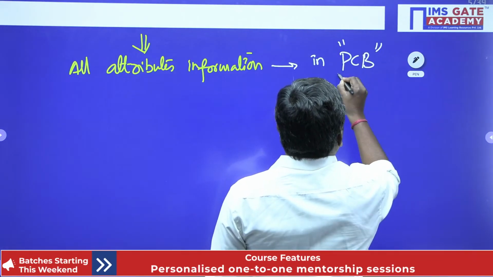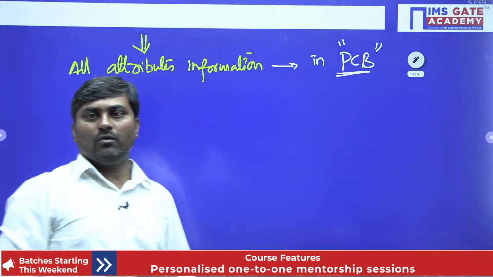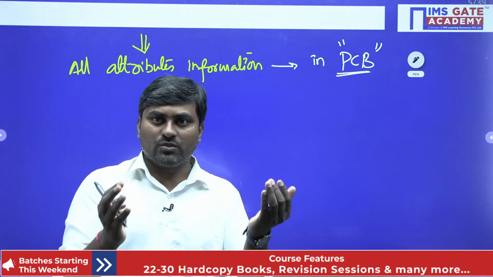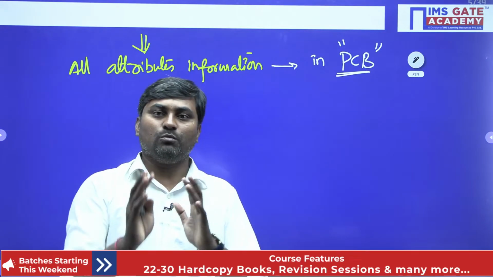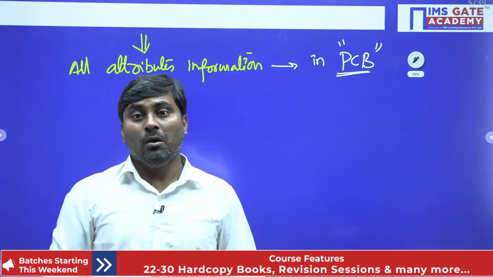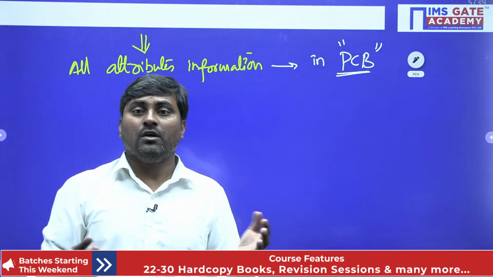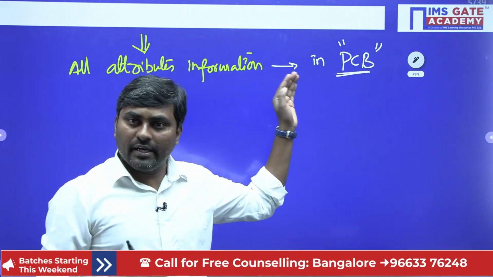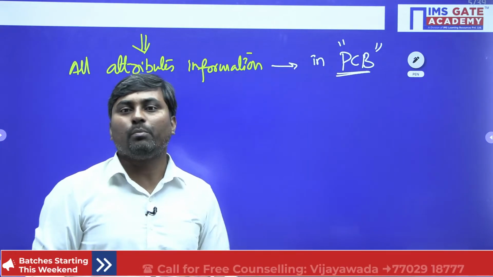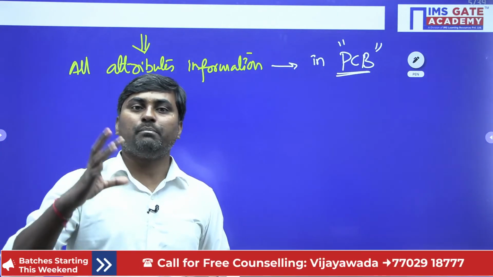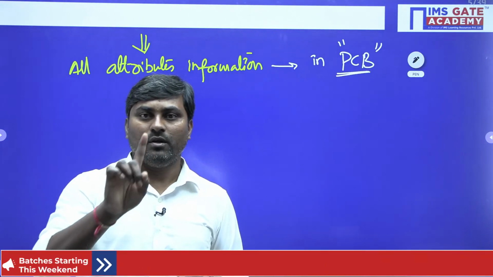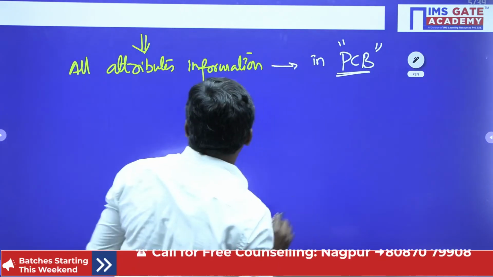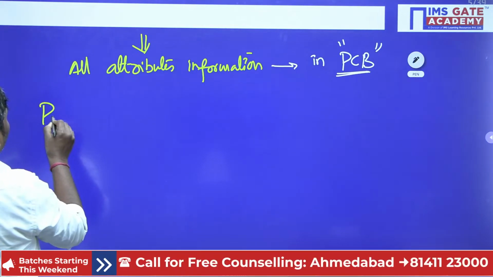It is very important, because the attribute information of a process needs to be maintained by the operating system to take proper decisions. But where to keep this information? All the attribute information listed so far is stored in a data structure created by the operating system, which is the PCB. Is the line clear, all of you? So where are we storing all this attribute information? In the PCB.